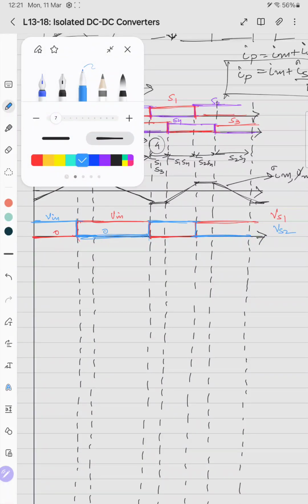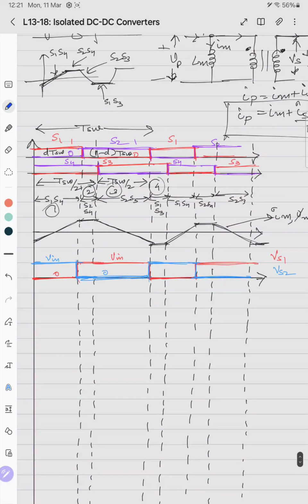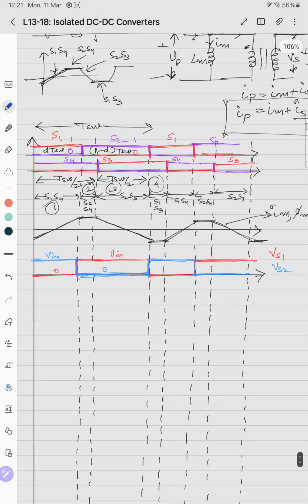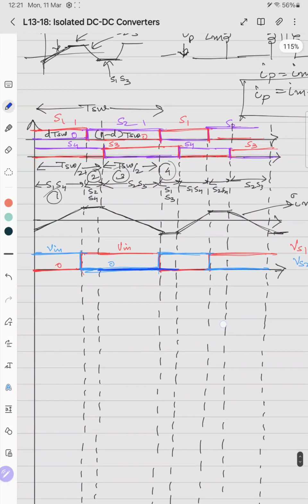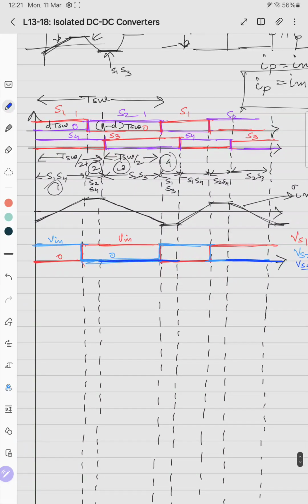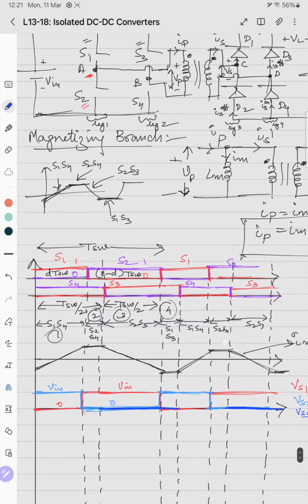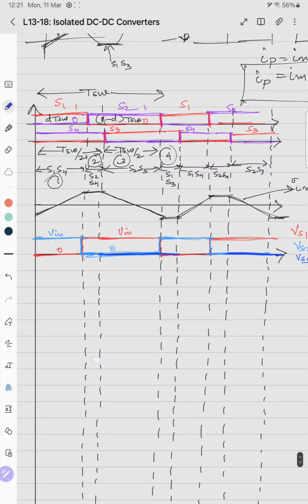VS2. For VS3, when S2 S3 is on and S1 S3 is on, it is 0. Similarly, S2 S3, it is 0 here and here. VS3. When S1 S4 is on, now we are seeing what is across S3. S4 is on means the voltage is Vin.